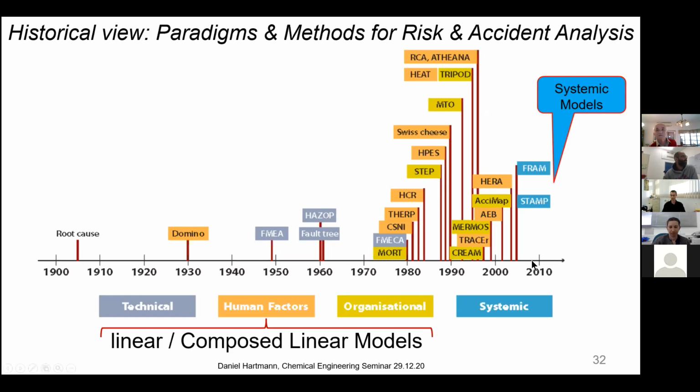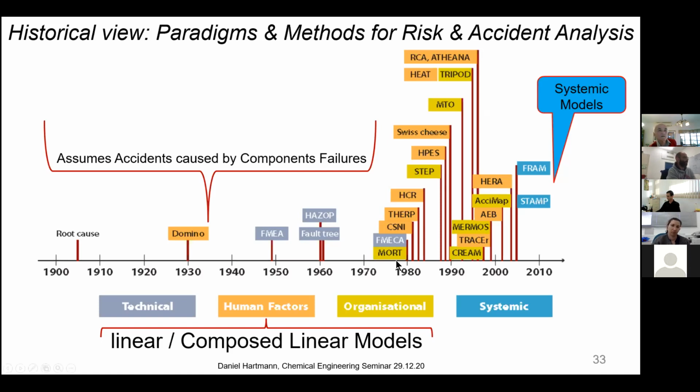One of them is STAMP, first published in 2004, 16 years ago, though of course she started a little bit earlier, by Nancy Leveson from MIT. The other model is called FRAM, by a Danish scientist. He is not a safety engineer, he's a psychologist, because many people in safety are coming from the human perspective of safety.